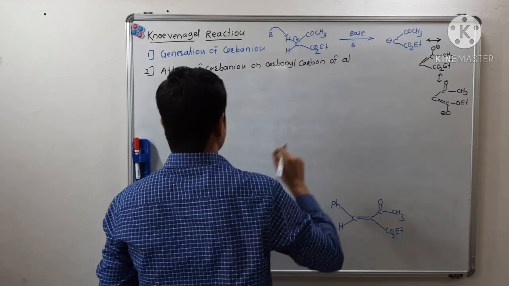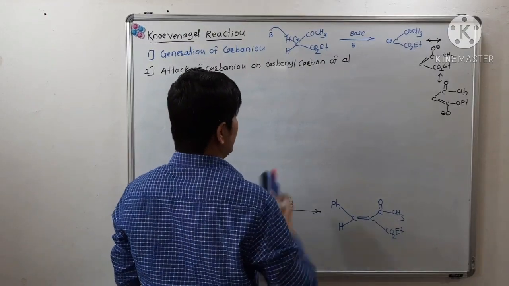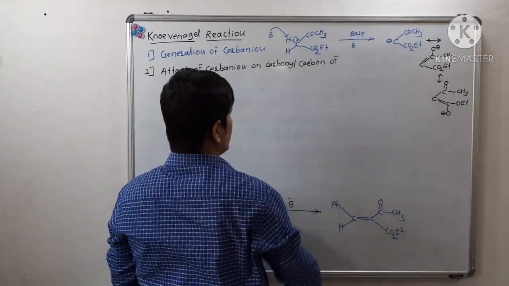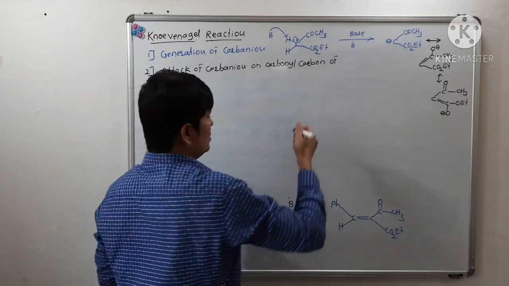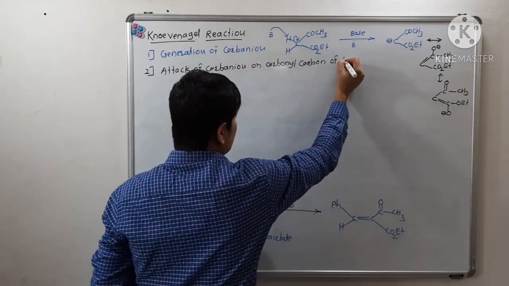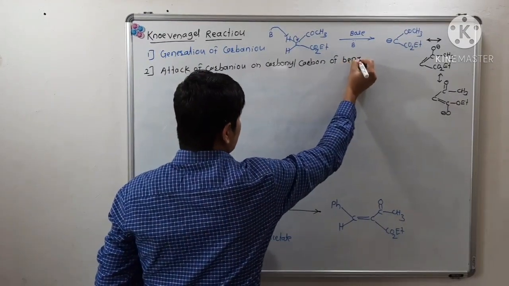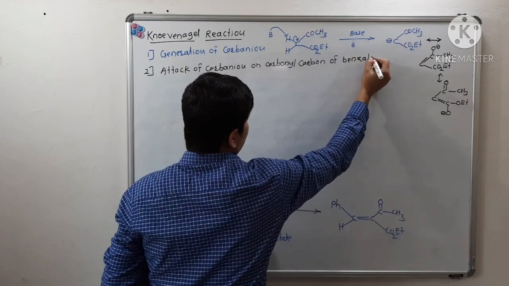Here there is benzaldehyde, so I will write benzaldehyde. You can write aldehyde or a ketone if you are talking about the general reaction, otherwise you can specify it like benzaldehyde.